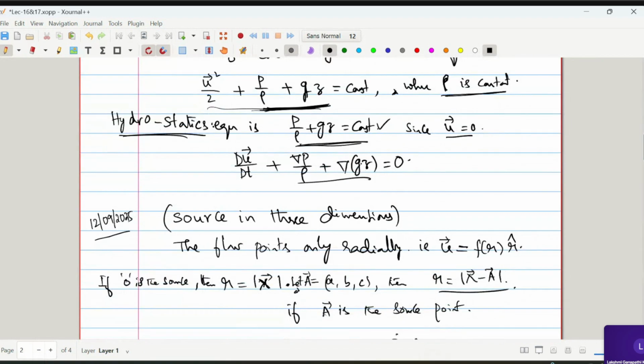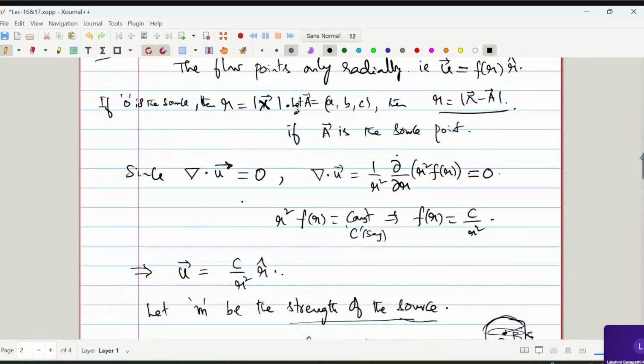Without external force, if you consider this, this is the external force, right? GZ is basically your external force. Grad P equal to this is basically your hydrostatics. Its application I will come back and do some other time.